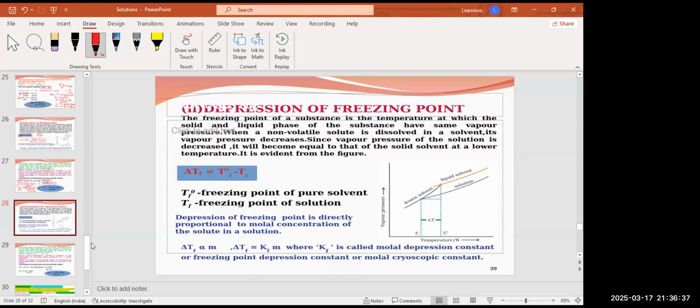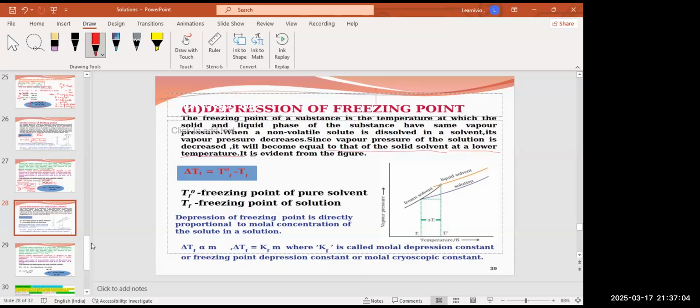So what happens when a non-volatile solute is dissolved in a solvent? Its vapor pressure decreases, right? So the vapor pressure of the solution is decreased. It will become equal to that of the solid solvent at a lower temperature, right?